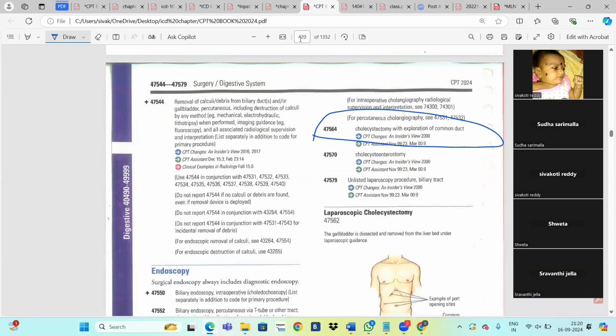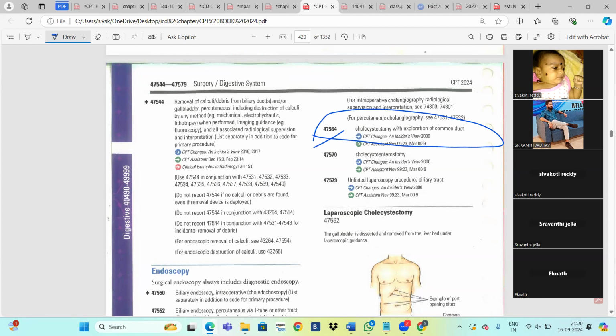What is this code? 47564 for laparoscopy. Cholecystectomy with exploration of common duct under scopy. Correct? Under laparoscopy, if they performed same procedure, 47564. Clear? Yes. Mention same now.